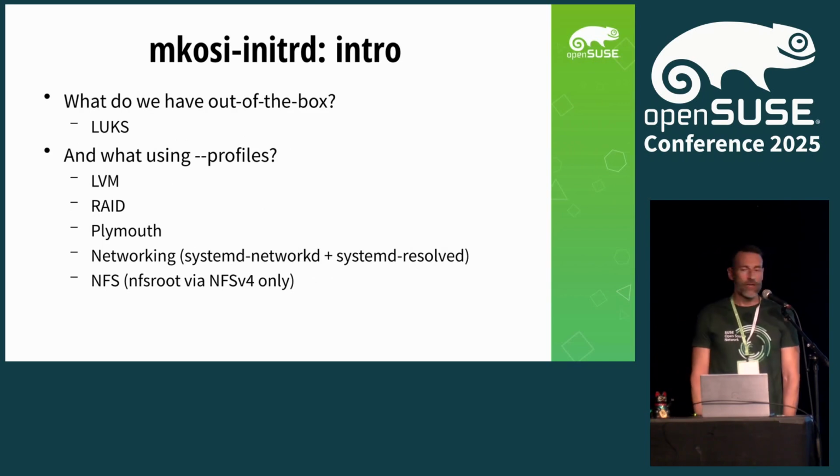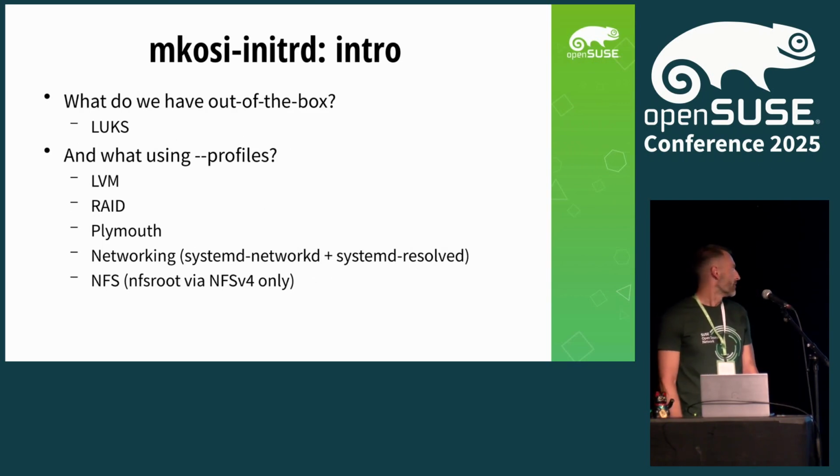So what do we have out of the box? LUKS decryption. And using profiles. Profiles is a new feature currently in git main. And it intends to be more or less like dracut modules. I mean, it's a predefined configuration set, which under a certain name provides a certain functionality.